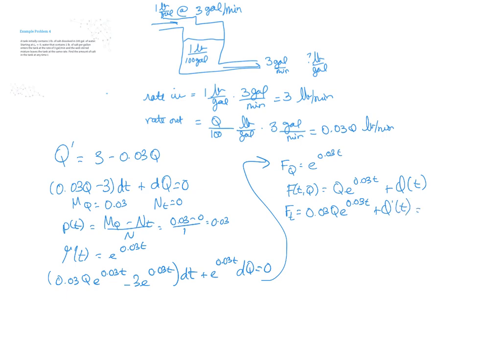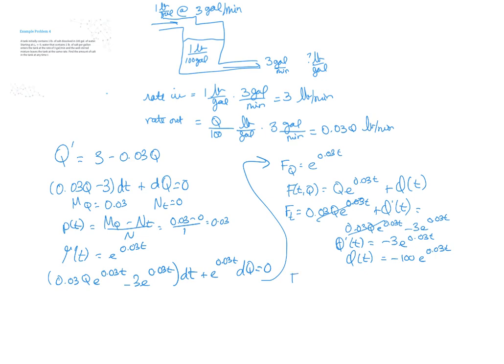And this now has to equal our mu M, which is 0.03 q e to the 0.03t minus 3e to the 0.03t, which means that phi prime of t has to equal negative 3e to the 0.03t, which leads us to find that phi of t was negative 100 e to the 0.03t.